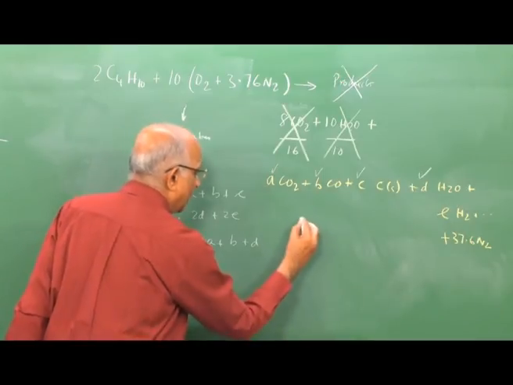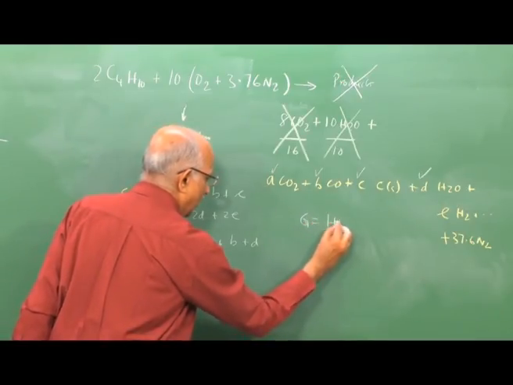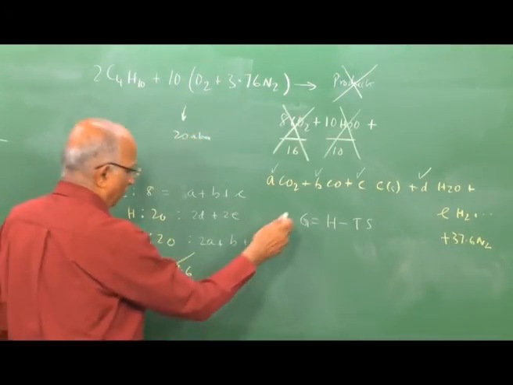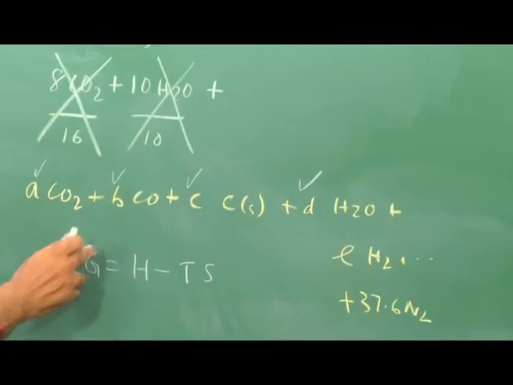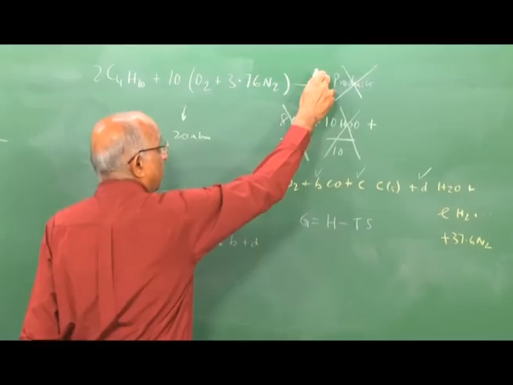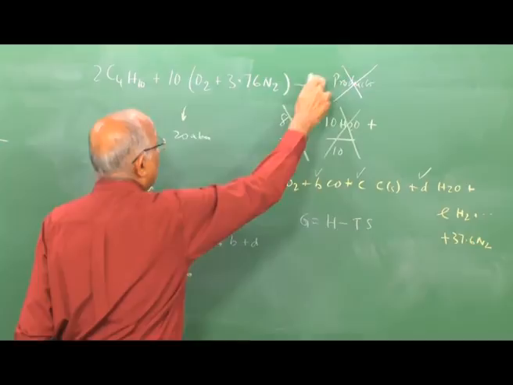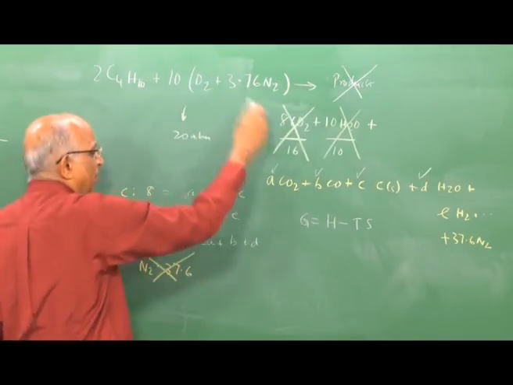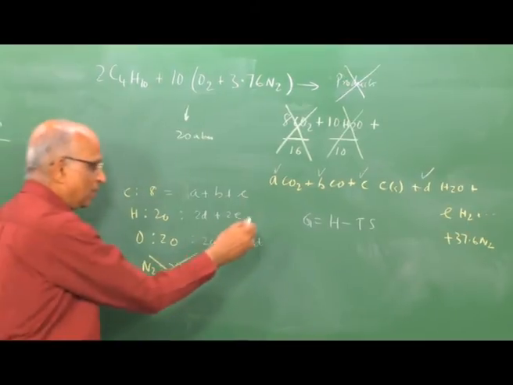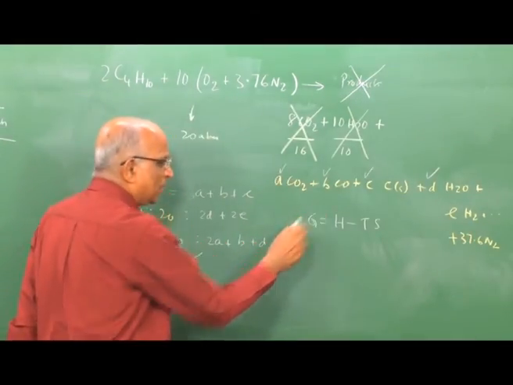That means Gibbs free energy is equal to enthalpy minus temperature into entropy, and for equilibrium Gibbs free energy is a minimum, and therefore I can use this and calculate, provided I know the temperature, but I do not know the temperature because I do not know the energy release. Maybe through an iteration process it is still possible for me to calculate this, but the process is rather cumbersome.